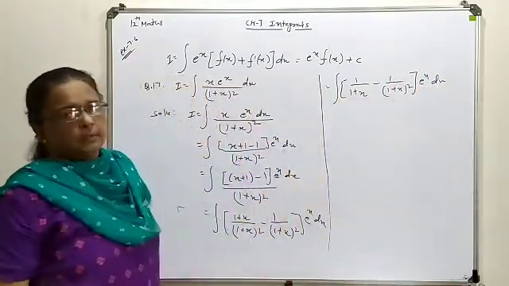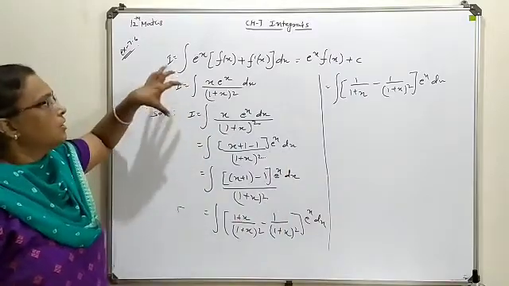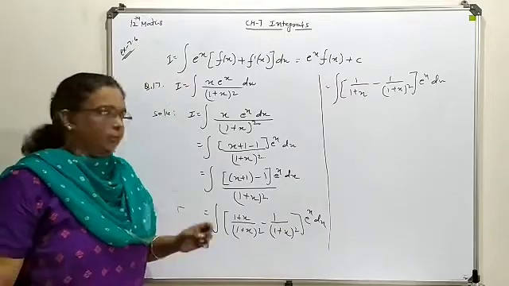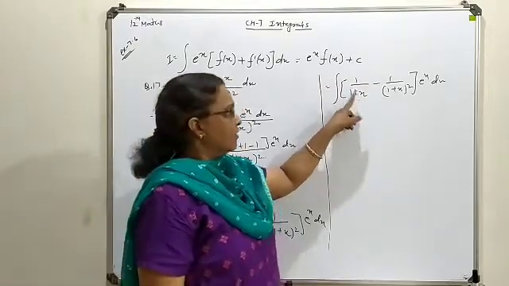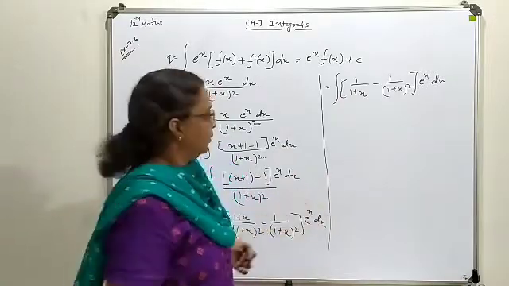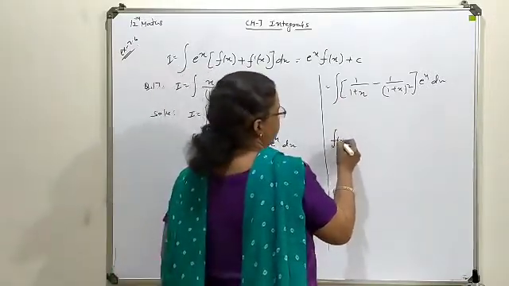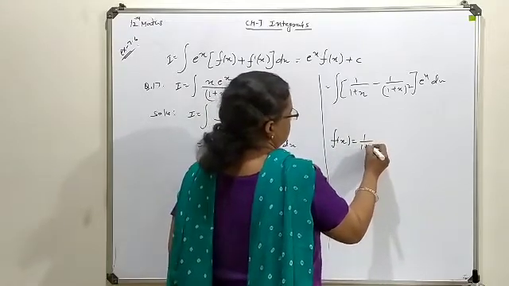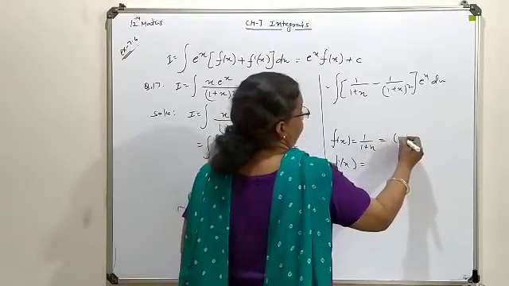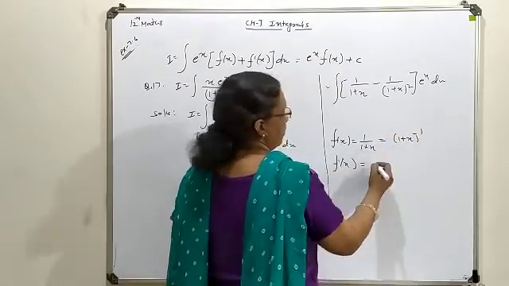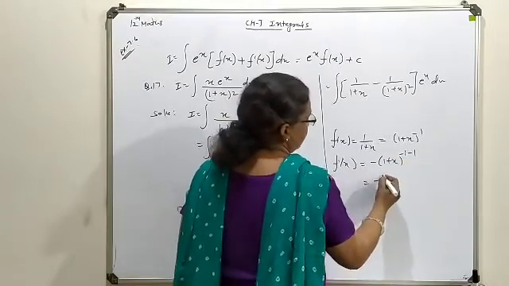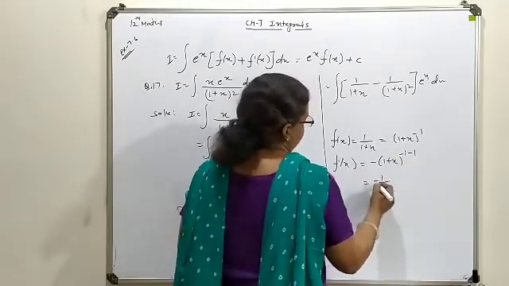If you look at this combination, you will find that it suits our form, which is required to write a direct integration. Here you see, this f x is 1 upon 1 plus x. So if you write the derivative of f x, its differentiation will be minus 1 upon 1 plus x whole square.